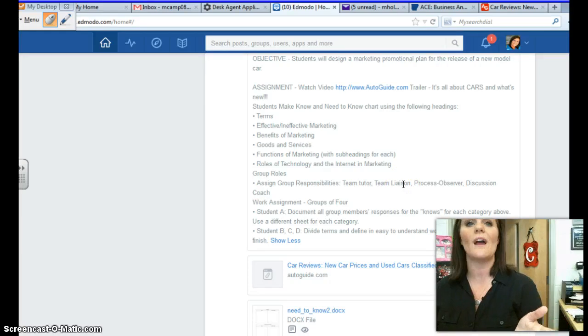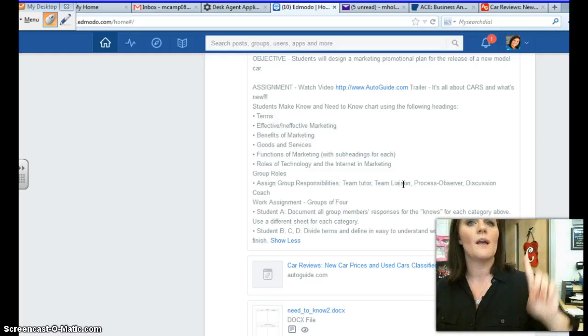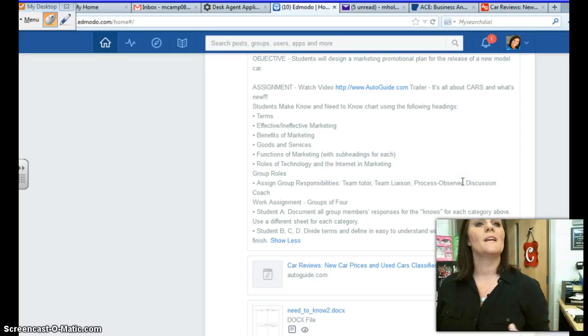So if your group ever has a question, instead of 4 people coming up and talking to me, just one person from the group asks questions. The questions could be for me or for another group in the class. And then a process observer. This is the person who makes sure that you're doing everything that needs to be done to complete the task. So completing all those processes that need to be done.